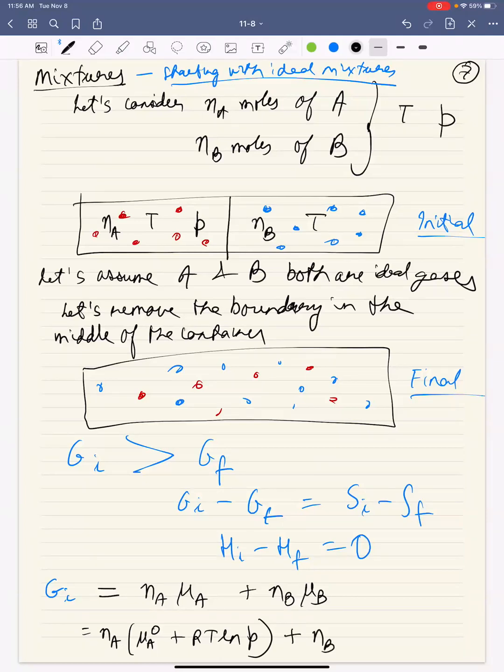Plus Nb times mu B naught plus RT ln P, with P naught equal to 1 bar. Everyone happy with this? This is a simple equation, but it can be confusing, especially if we did not do that mu is equal to mu naught plus RT ln P. You would be puzzled as to how we got here. Any questions?